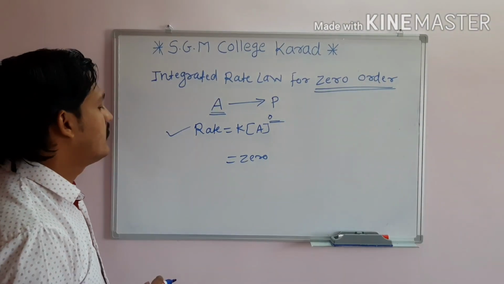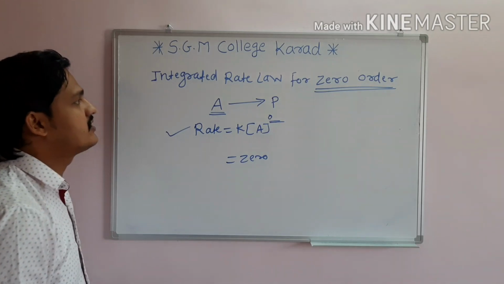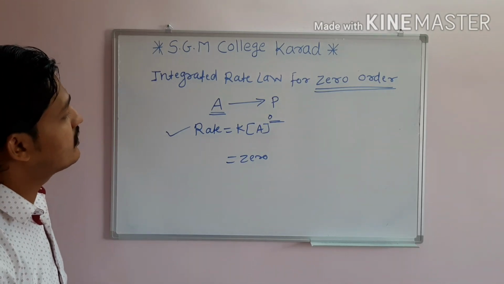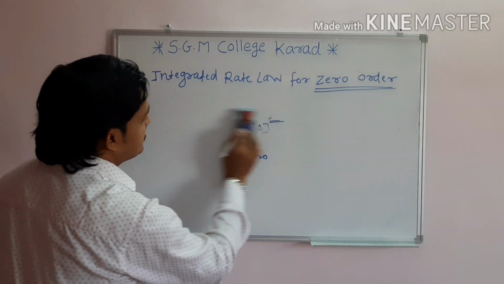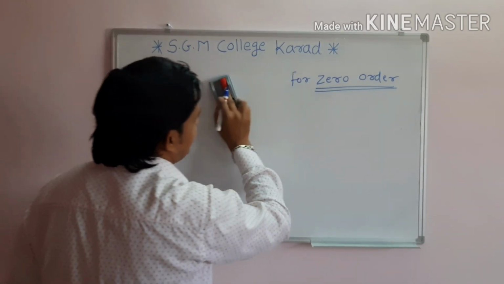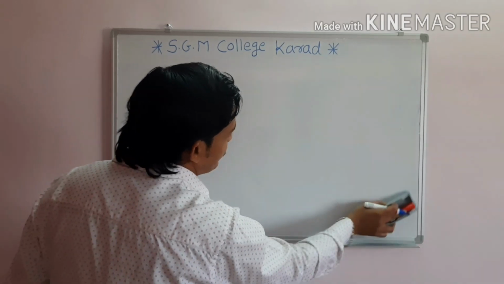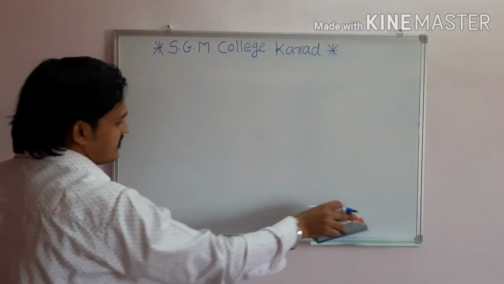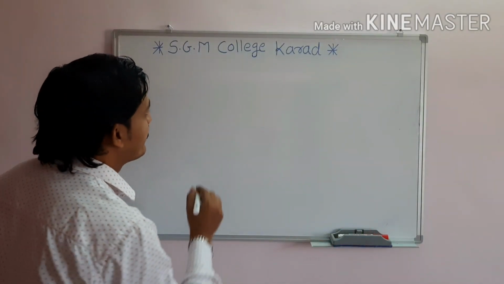Now let us move to the derivation of integrated rate law for zero order reaction. Now our next derivation is integrated rate law for zero order chemical reaction. Now let's see.